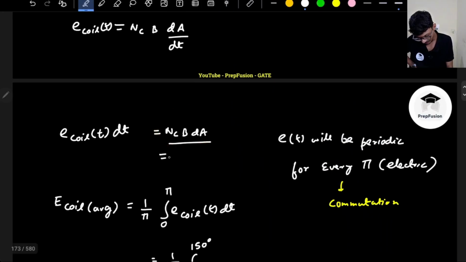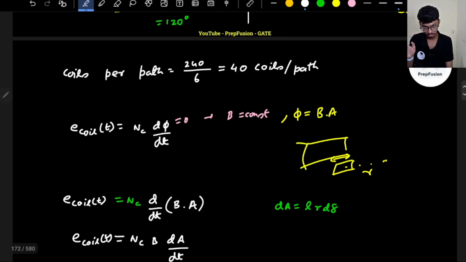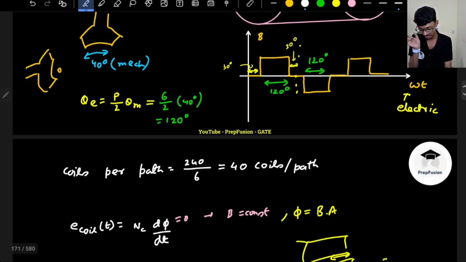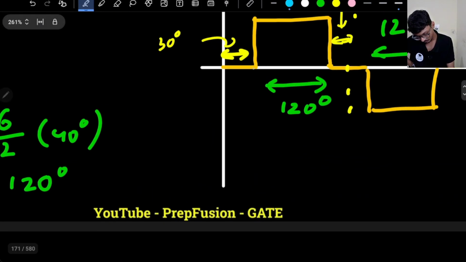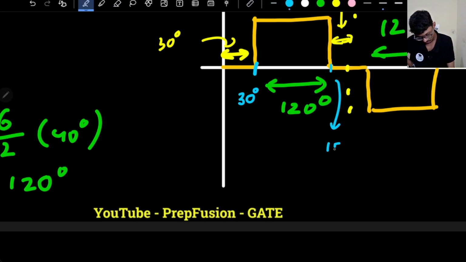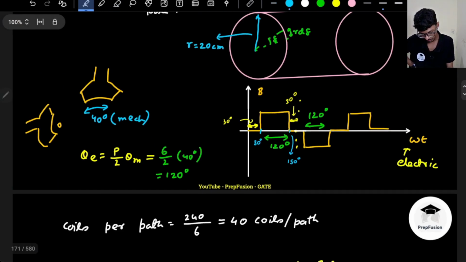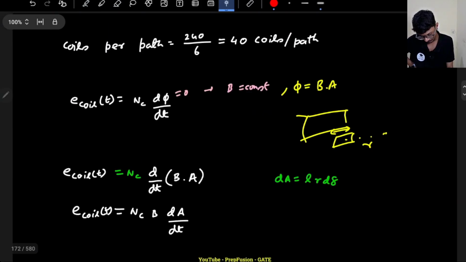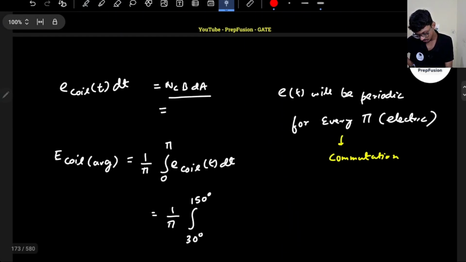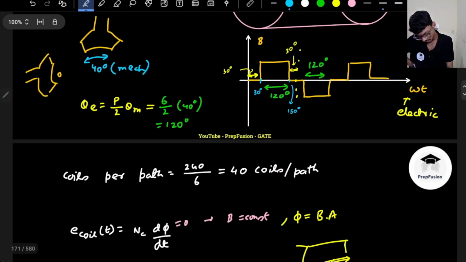NC into B. B is a constant value, otherwise it is 0, but in that range, from 30 to 150 degrees, the value is constant.